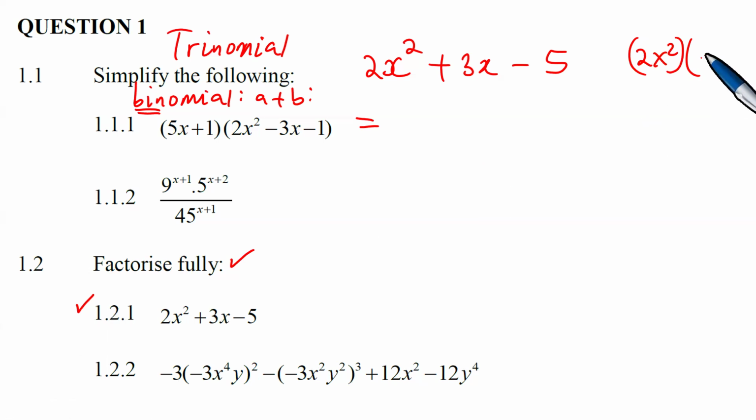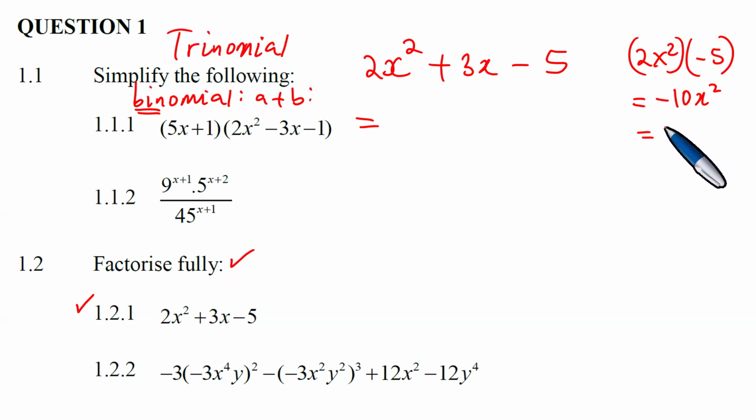Now, the teachers sometimes do not teach this technique, but it's the best one. So if you take 2x squared and multiply by minus 5, what do you get? You get minus 10x squared. Like so.